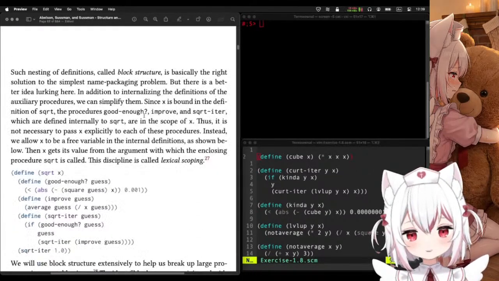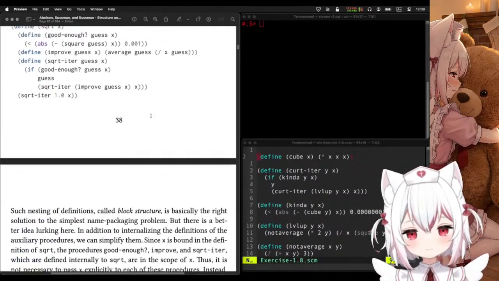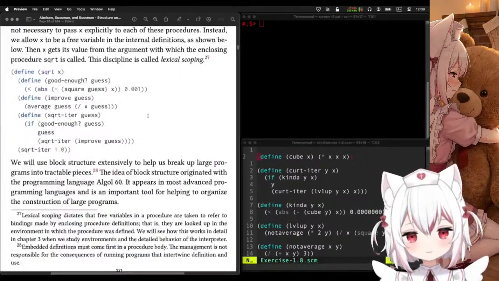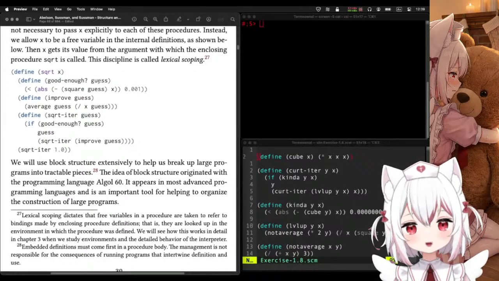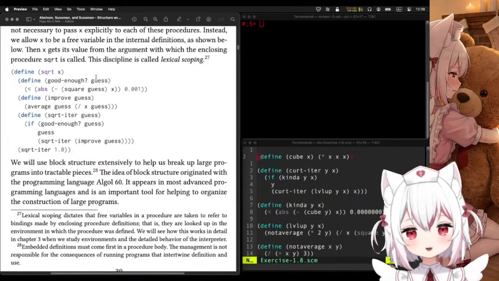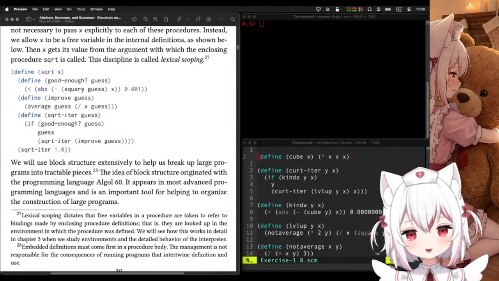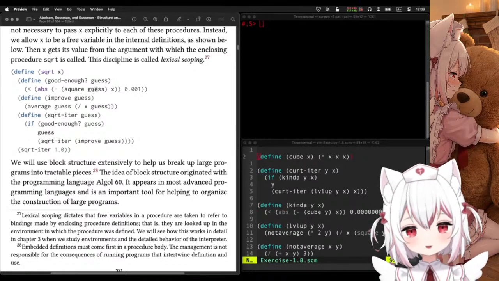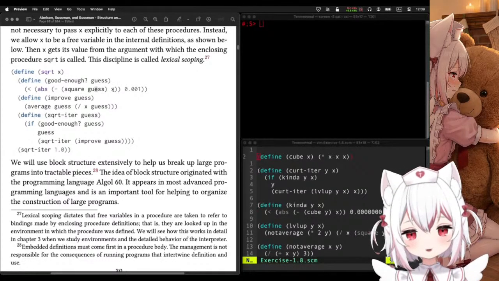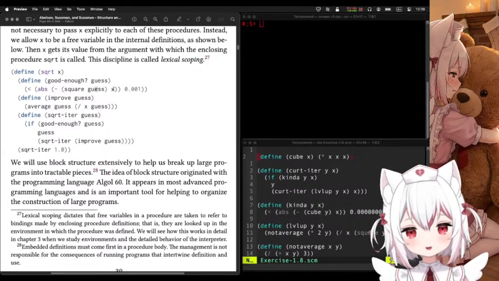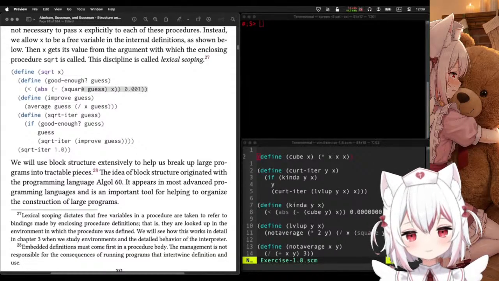Improve guess. I want to see how this works. Define good enough and then guess, and then take the square of guess, and then subtract x. The absolute value is it less than 0.001.